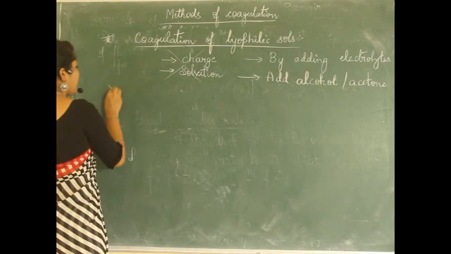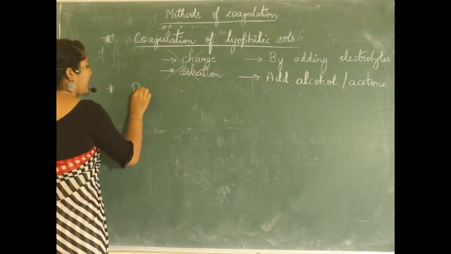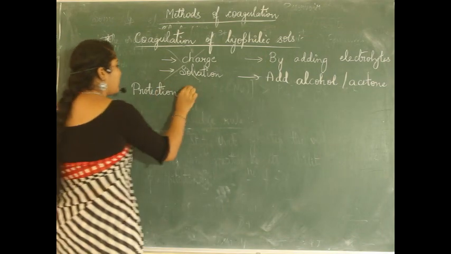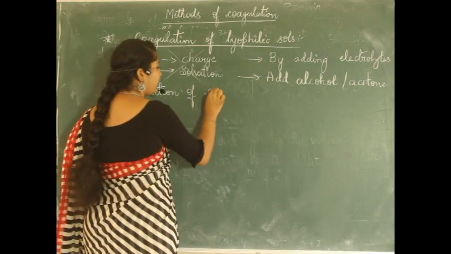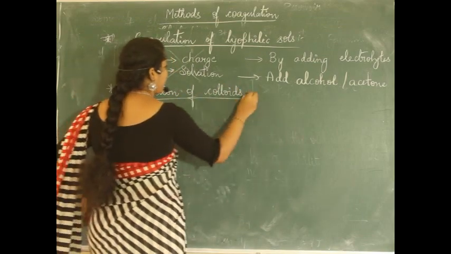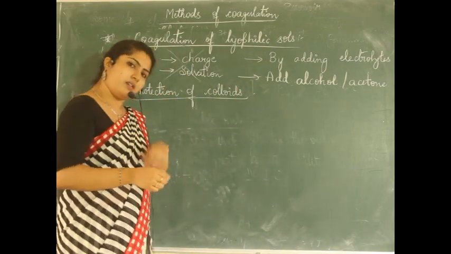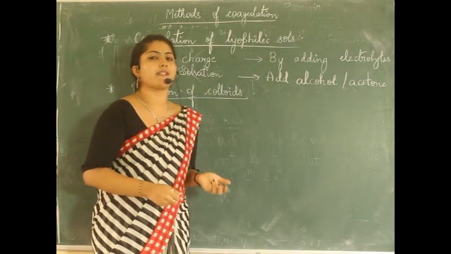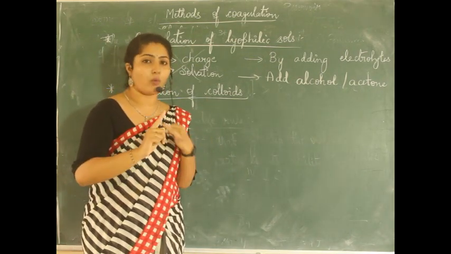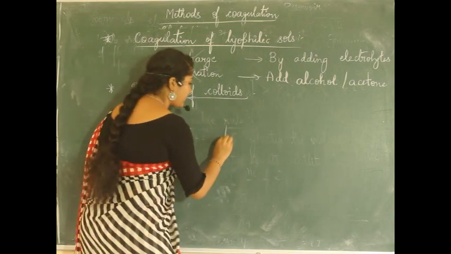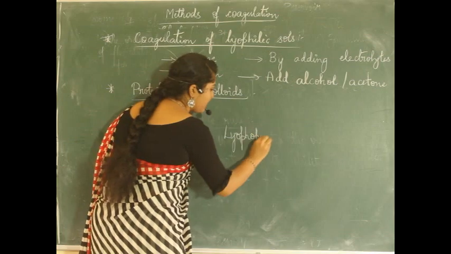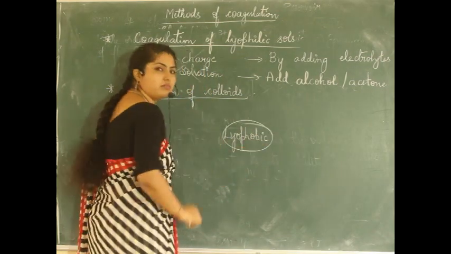Okay. Next we'll see protection of colloids. Which kind of colloids can protect which another kind of colloids? We have two types of colloids, lyophilic and lyophobic. Lyophobic means which hates water, isn't it?